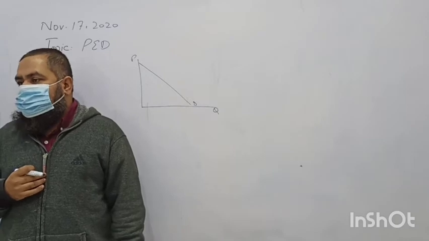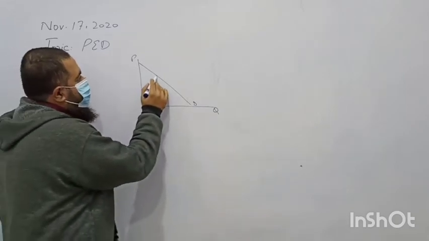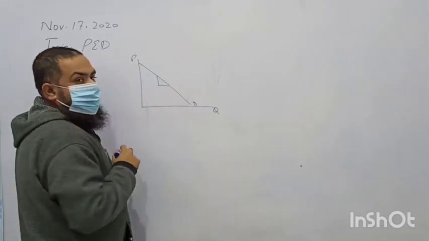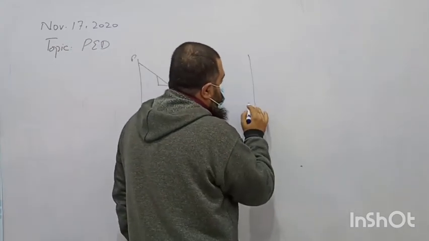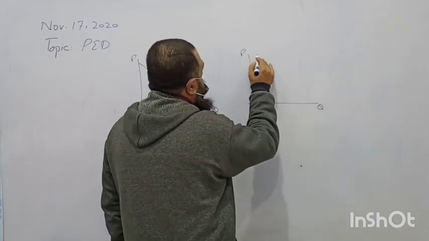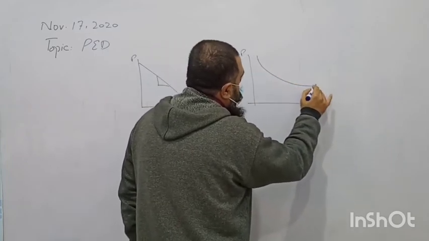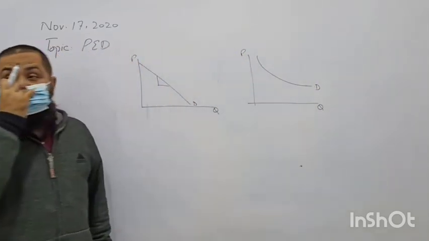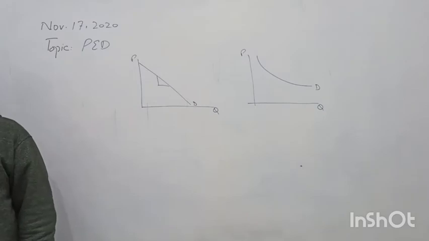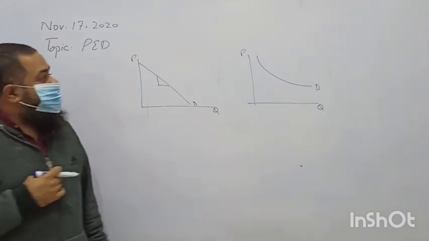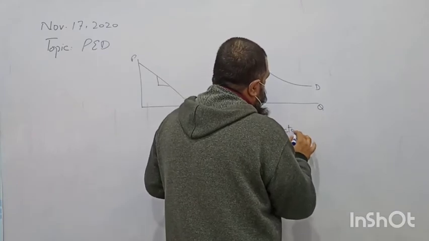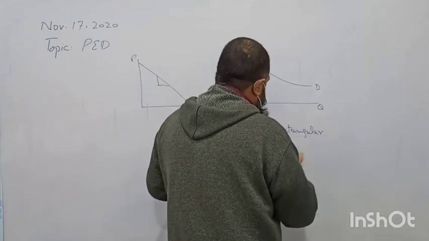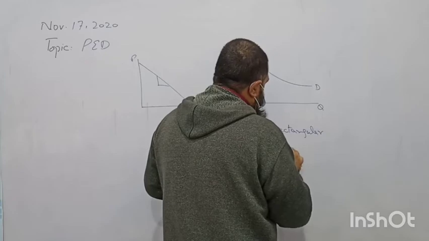Slope means the gradient. Everywhere its slope is constant. Now what about this type of demand curve? Is it having constant slope? Non-linear. This is called a rectangular hyperbola demand.